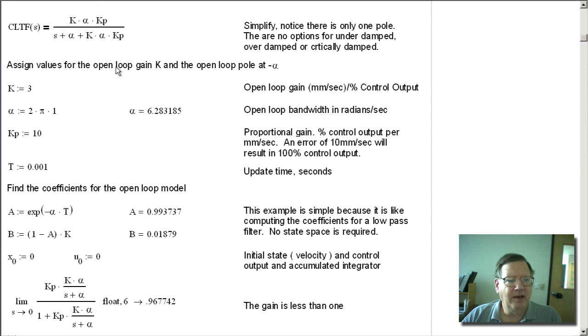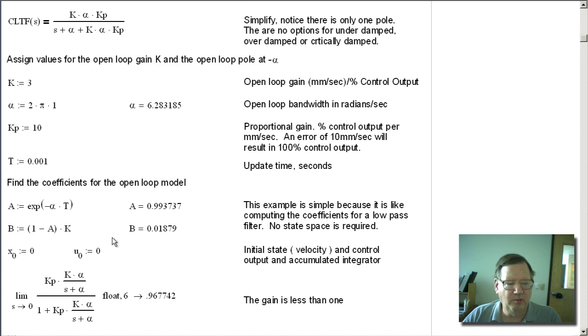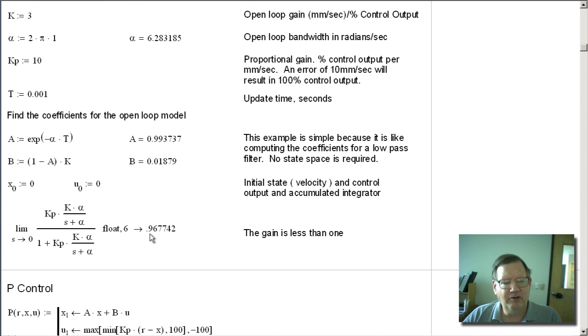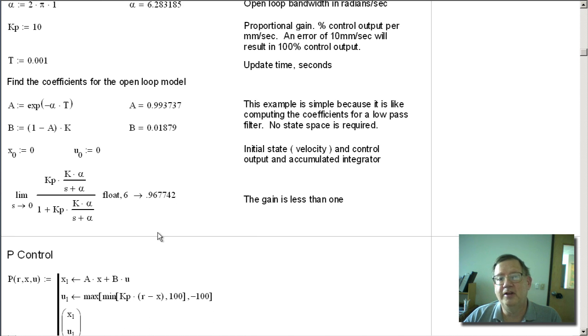And you can see that as S goes to 0, K times alpha times Kp over alpha plus K times alpha plus Kp is always going to be less than 1. And you can see that calculation down here. The gain is going to be 0.96, which means if we tell it to go 100 millimeters per second, we're only going to see it go at 96.7 millimeters per second.